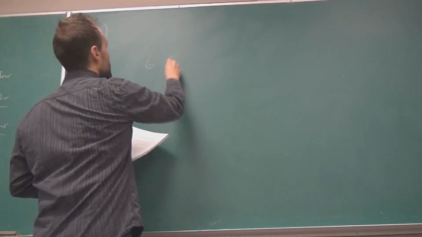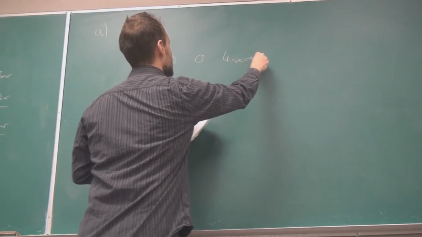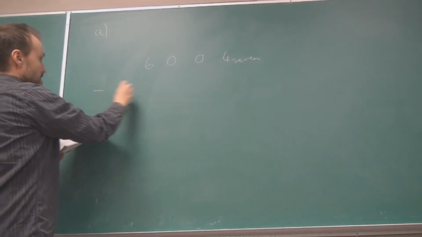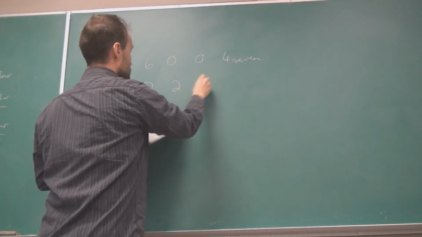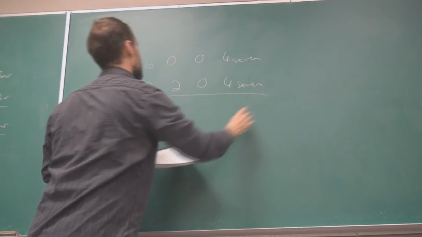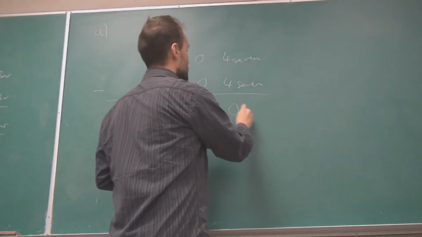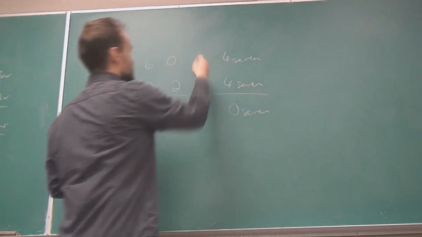6004 base 7 minus 2204. All right. Okay. 4 minus 4 is 0. 0 minus 0 is 0.